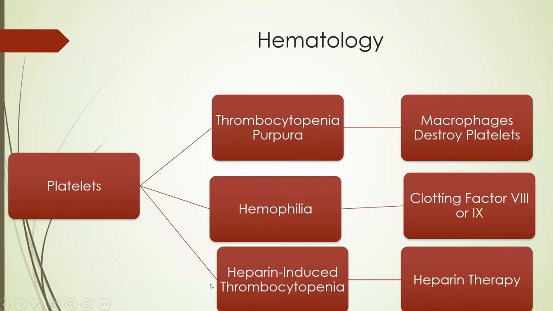And at the bottom here, we have HIT, or HIT, heparin-induced thrombocytopenia. And this is where the patient given heparin has an abnormal reaction to it. We give heparin to help reduce the chance of blood clots forming. So you might think, well, if they're having a bad reaction, they're forming a clot instead.